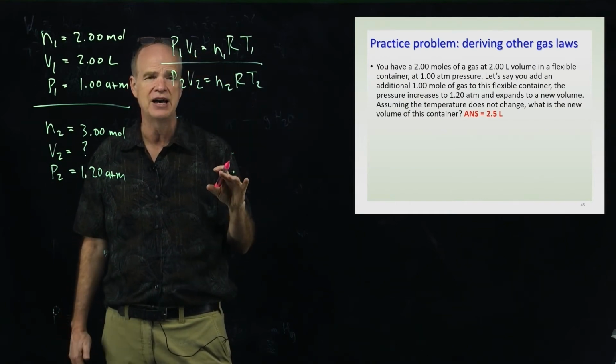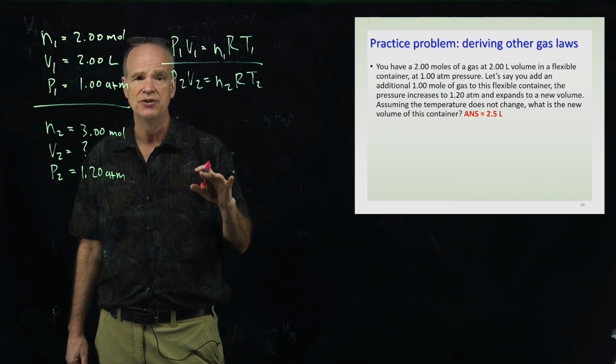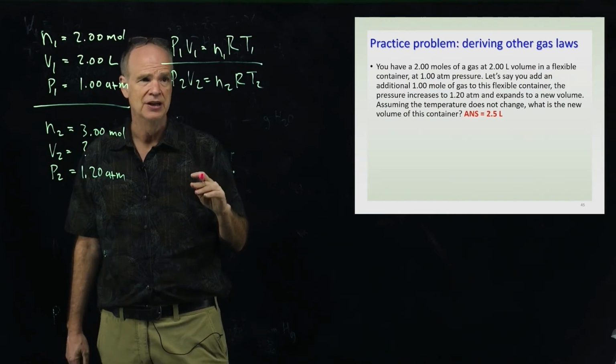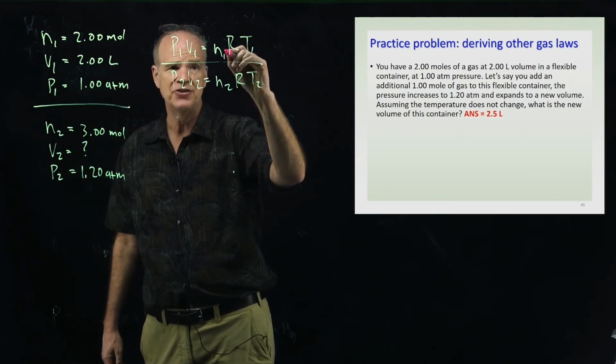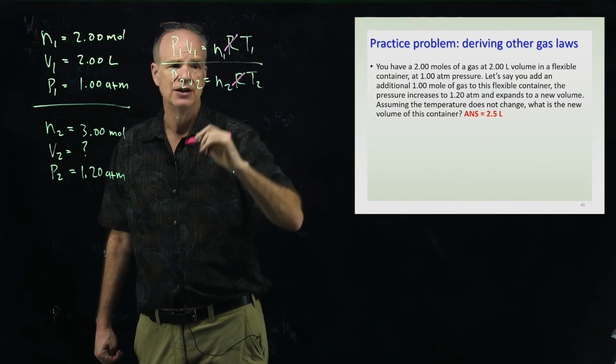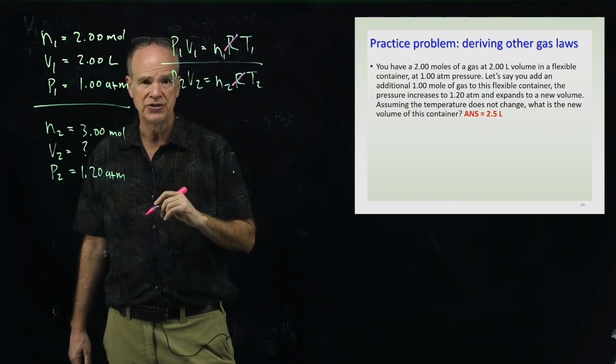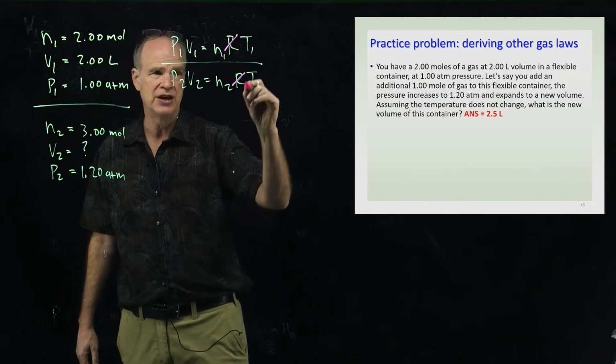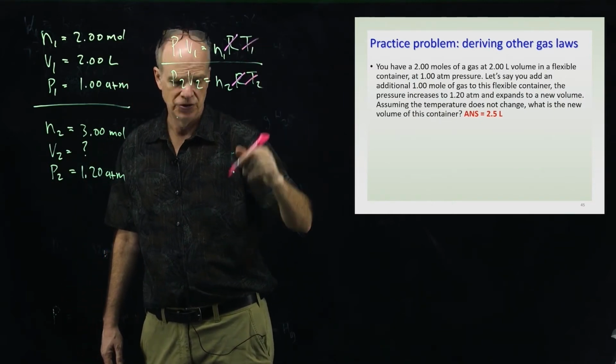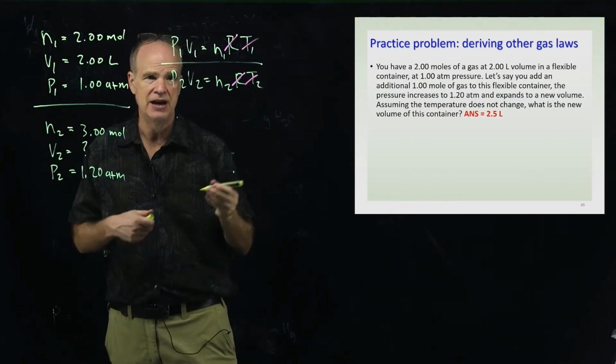To do that, let's cancel out the variables that remain constant. One variable that remains constant is R. Another variable that remains constant in this problem, according to the problem, is temperature. That does not change.